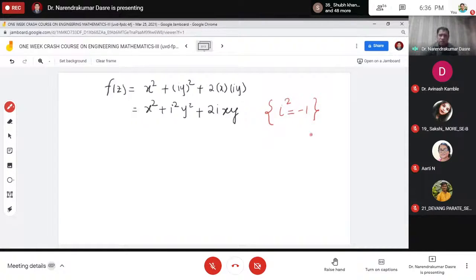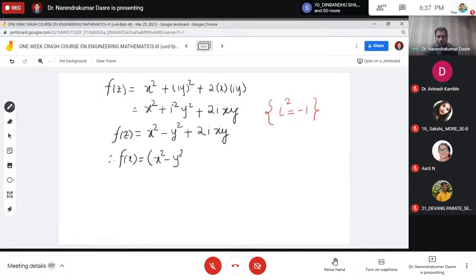Hence this term becomes x square, this is minus 1, so it becomes minus y square, and you have here 2ixy. So simply f of z I can write as the term without i and the term with i: x square minus y square plus i times 2xy.